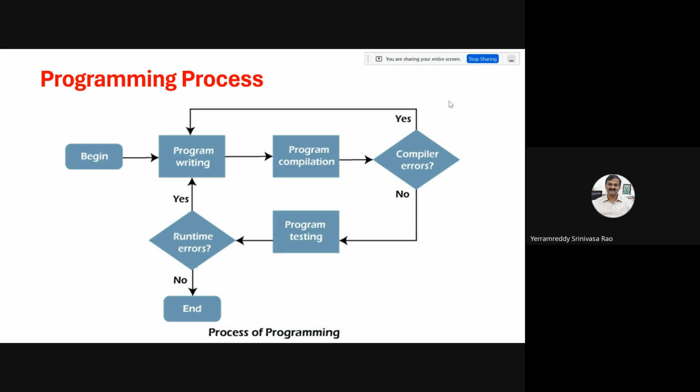You write a program using some editor, for example Microsoft Word or Notepad. Every programming language has an editor where you can type, delete, copy, paste, save, rename and replace. These are called editor functions. Use an editor, type the program, save it.